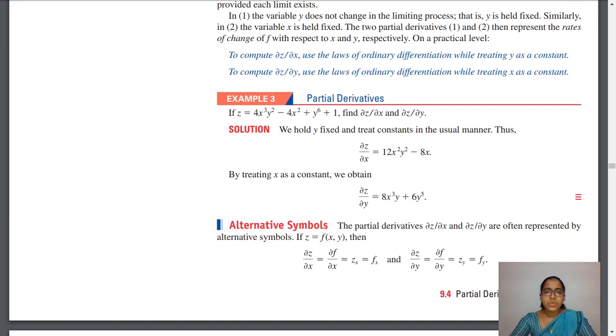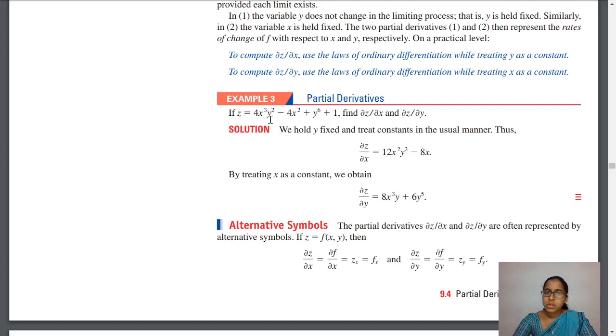z is equal to 4x cube y square minus 4x square plus y raised to 6 plus 1. We are asked to find dou z by dou x and dou z by dou y. While calculating dou z by dou x, we calculate the derivative with respect to x keeping y as a constant. So what will be the derivative of 4x cube into y square?